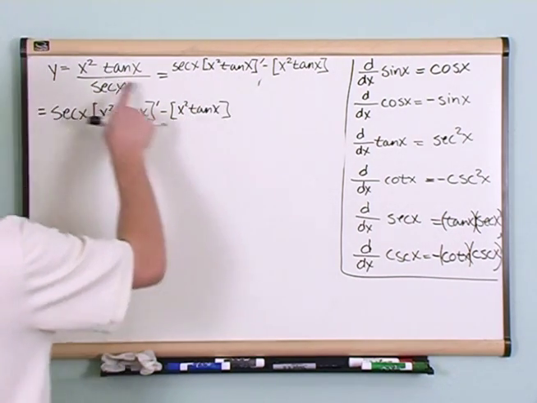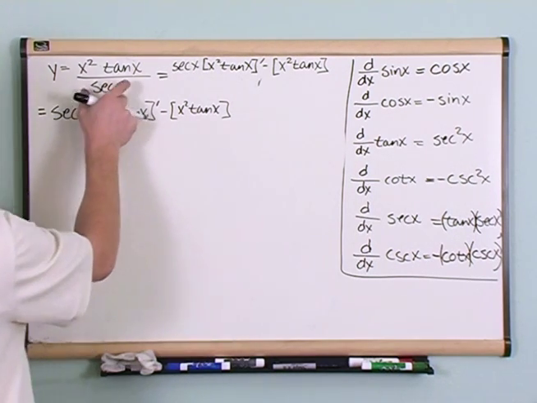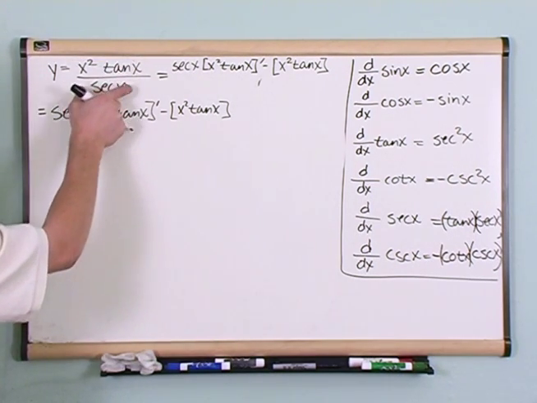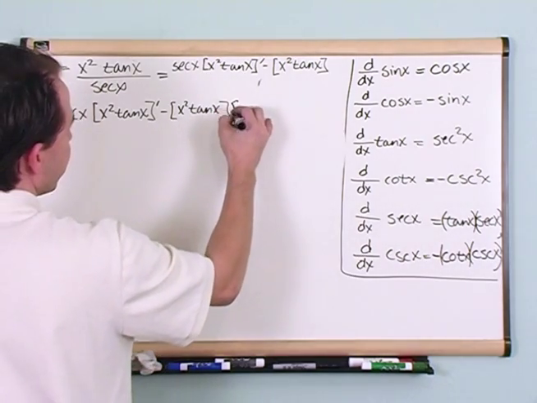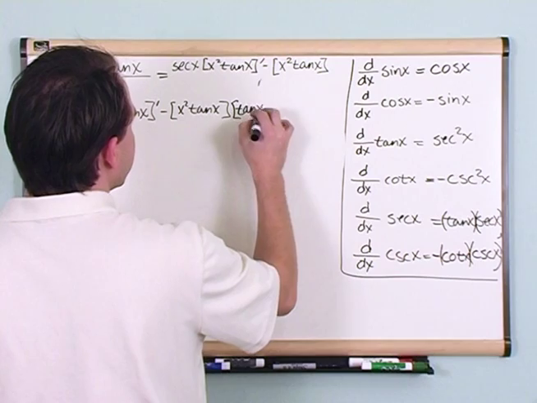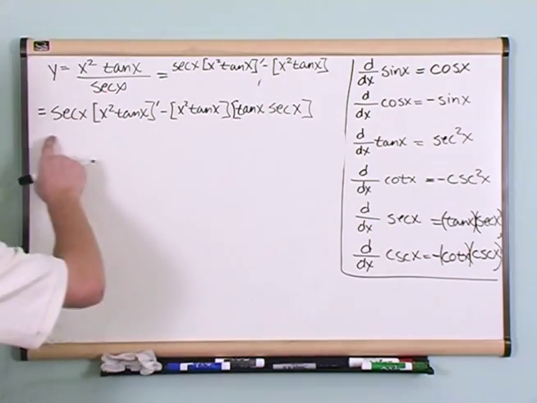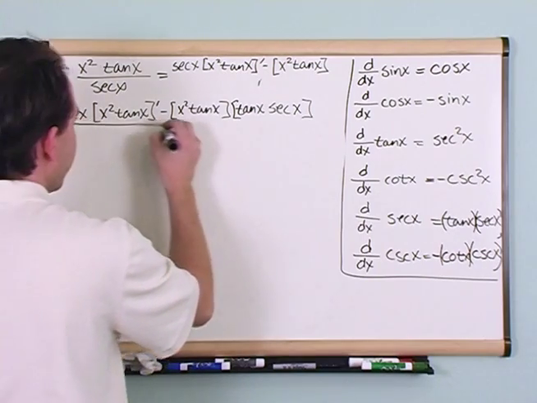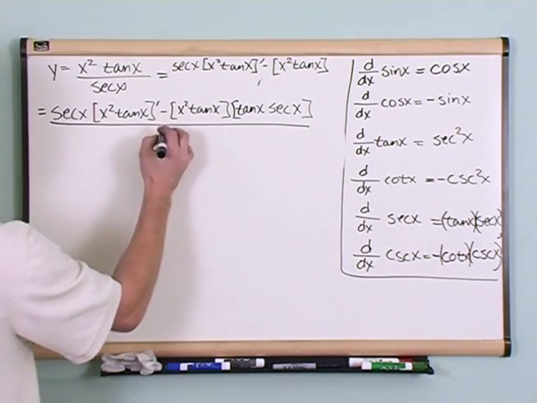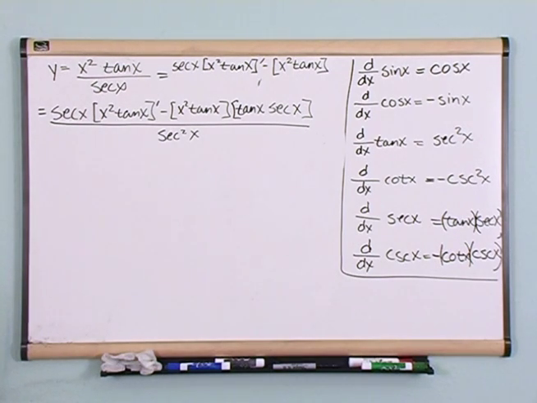Now I've got to take the derivative of the bottom times the derivative of top minus top times the derivative of the bottom. So I've got to take the derivative of secant, which gives me tangent times secant. Tangent of x times secant of x, which is given right here. Okay? And then I've got to take the whole thing and divide it by the bottom squared. Secant squared. Okay?